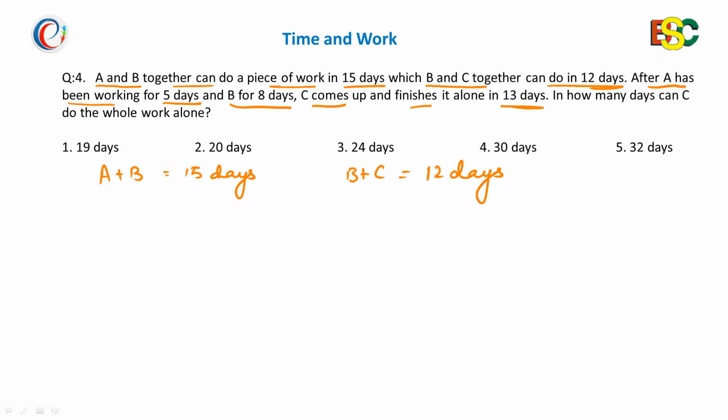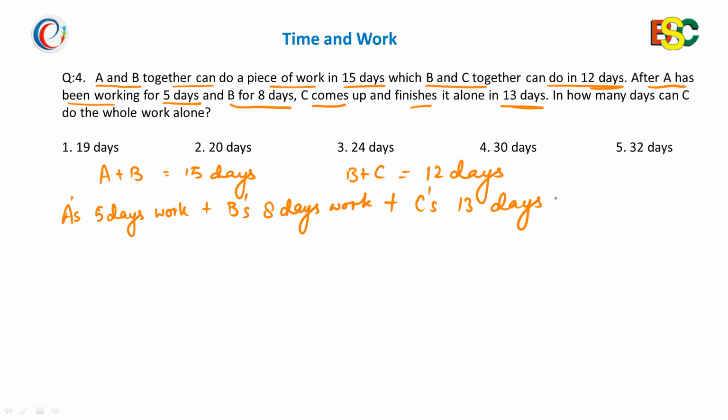It means that A's 5 days work, plus B's 8 days work, plus C's 13 days work adds up to 1. Why?